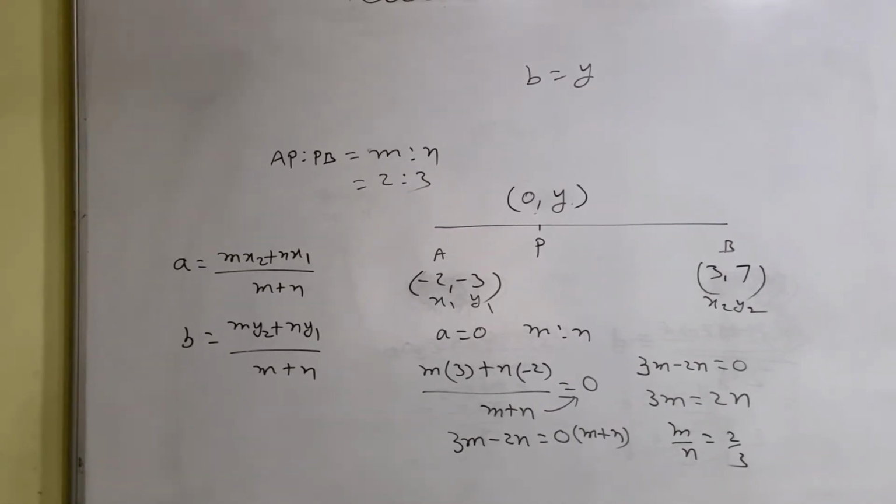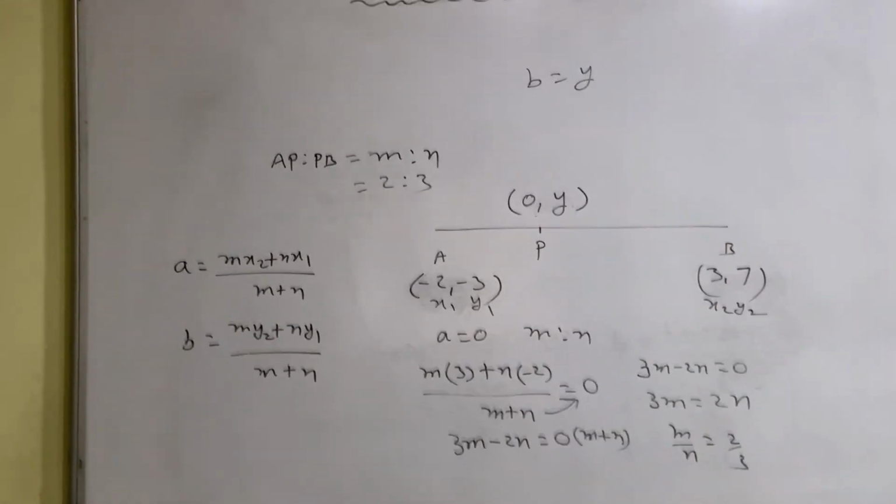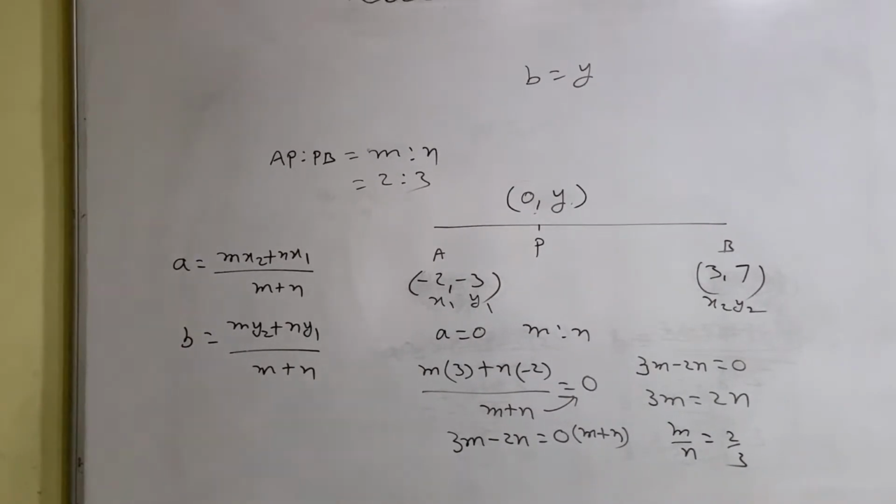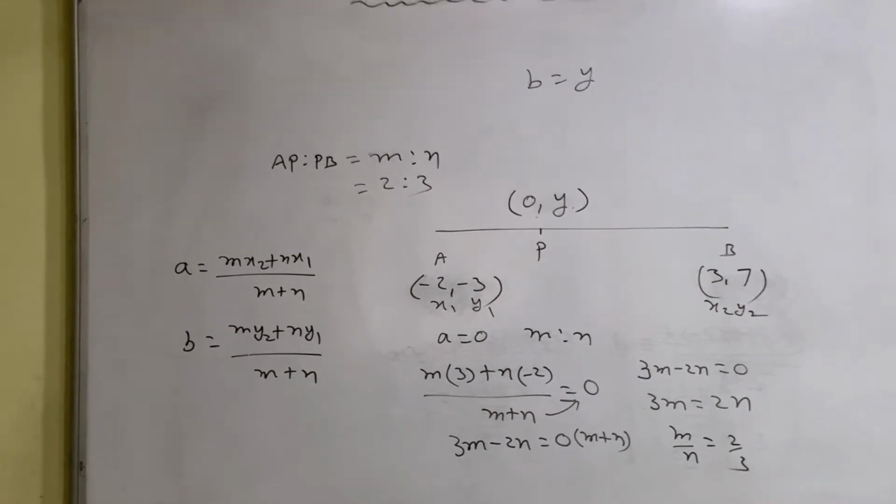Small error. y1, and the coordinates of P are 0 comma 1. Is that right? The y value is 1.